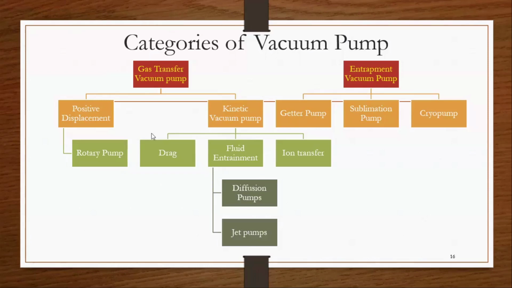So that we will be seeing. So rotary, diffusion, and then the entrapment pump, the ion pump, which we are going to see, is an example of an entrapment pump. The ions will be trapped in a grid, okay, and along with the ion, the gas molecules will also come because we are going to apply the electric field and the magnetic field in this pump. So that will be seen.